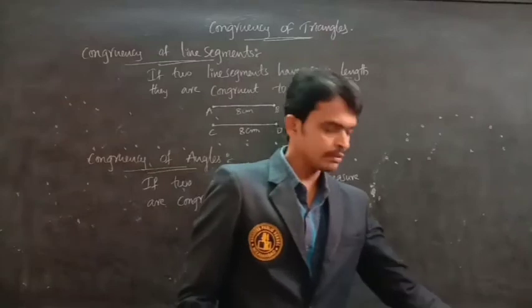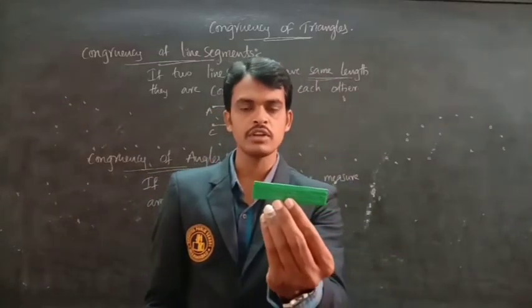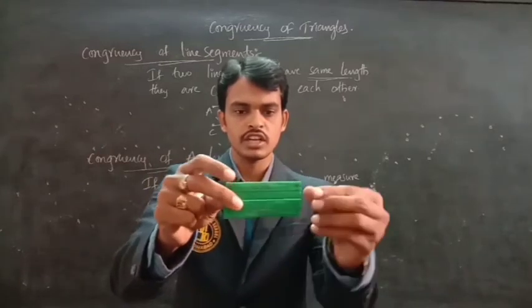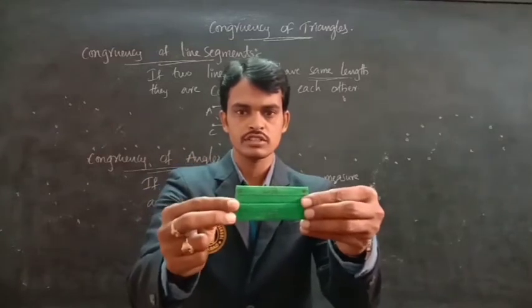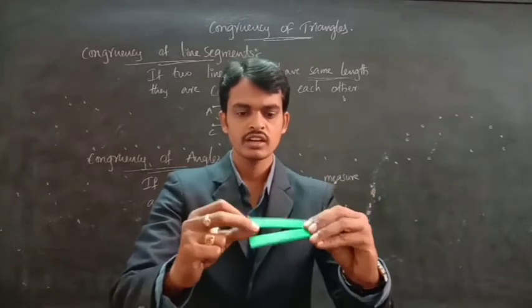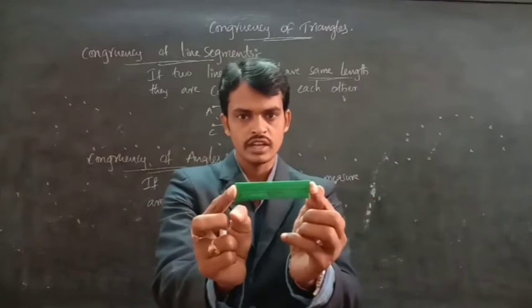So I am taking one more line segment CD as 8 centimeters. AB is 8 centimeters and CD is also 8 centimeters. Are they superimposed on each other? Yes.